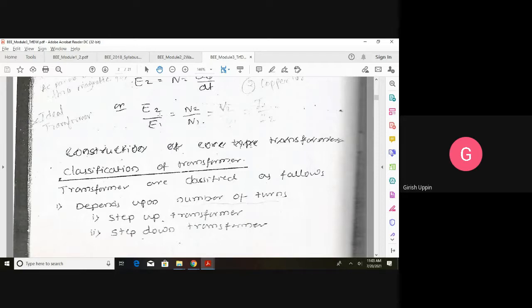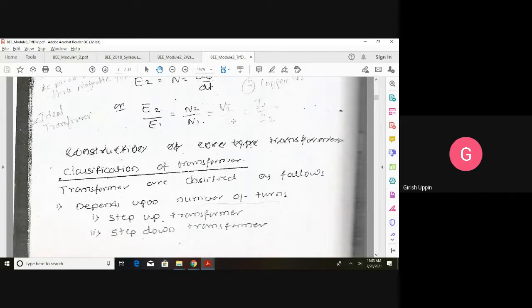If I want a step up transformer, N2 by N1 should also be greater than 1, or N2 should be greater than N1, meaning the number of turns on the secondary winding should be greater than the number of turns on the primary winding. So wherever the number of turns are more, the voltage is more there.